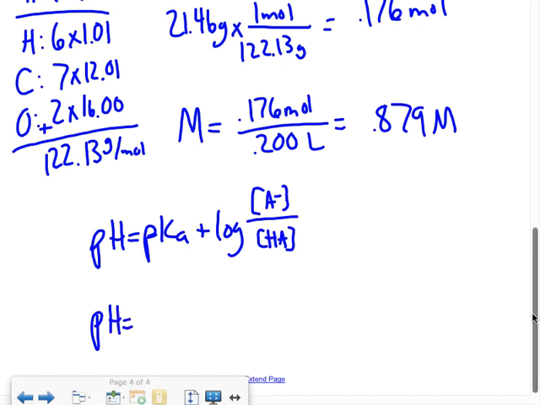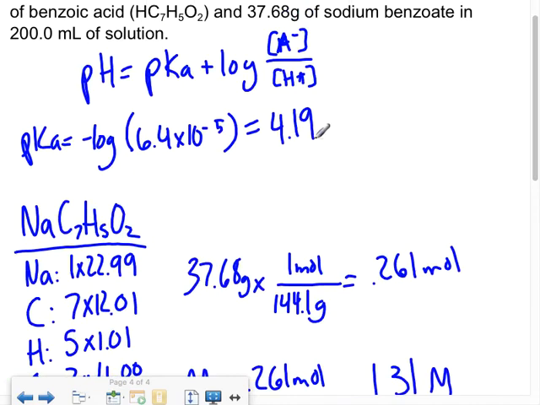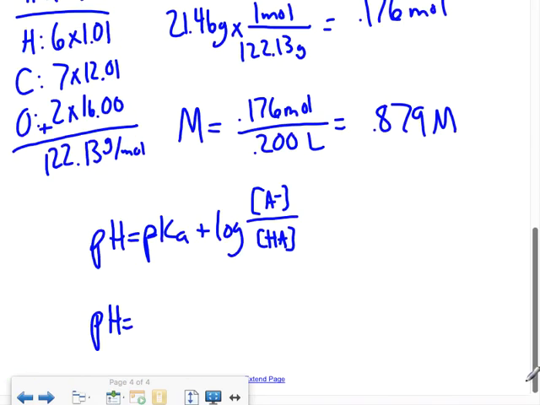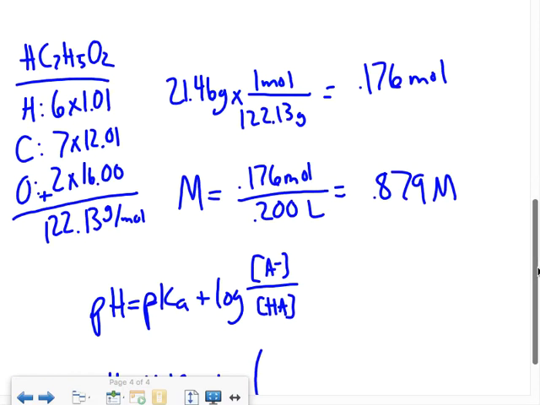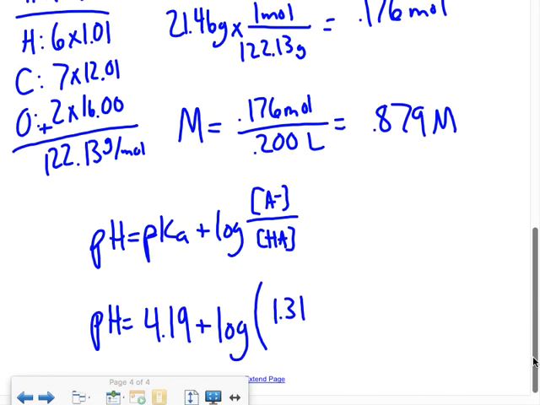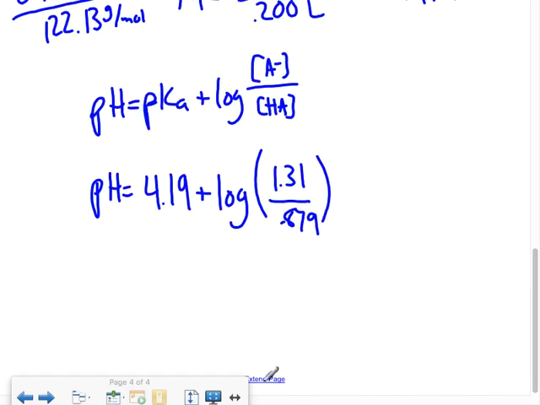Our molarity of our base, sodium benzoate, is 1.31 molar, and our molarity of our acid is 0.879. So the pH of this buffered solution is equal to 4.37. And that's not too far from our pKa of 4.19, so that's a reasonable answer.